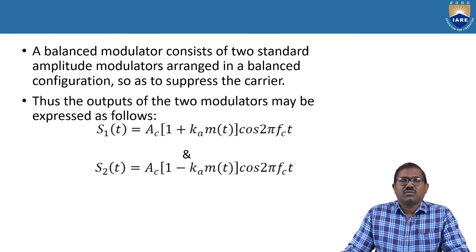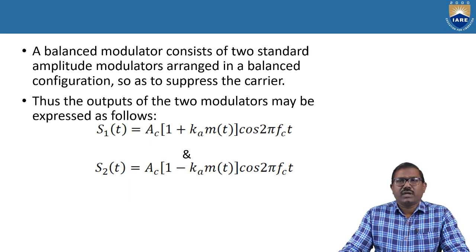In the time domain description, we already saw that the modulated signal of DSB is just the product of c of t and m of t. Again we look at this picture.